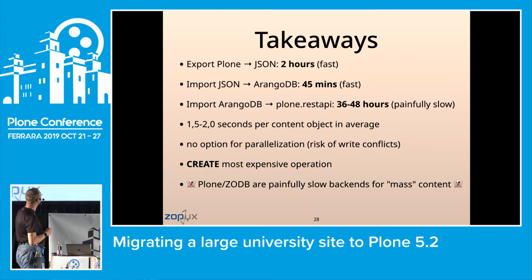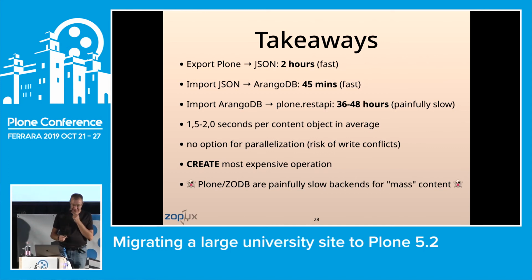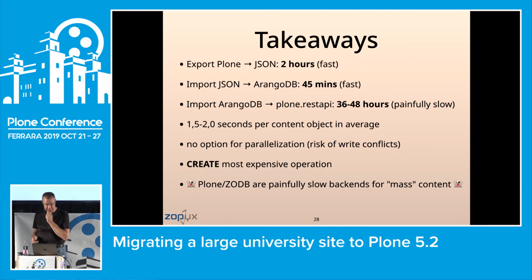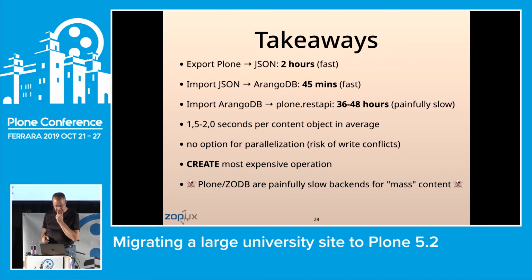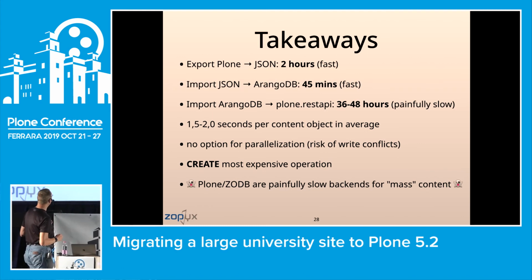Then the import from ArangoDB with all objects into Plone via the REST API takes up to 2 days. And that's painfully slow. When you break that down into a single object migration, creating a single object, let's say a document, takes between 1.5 and 2 seconds.